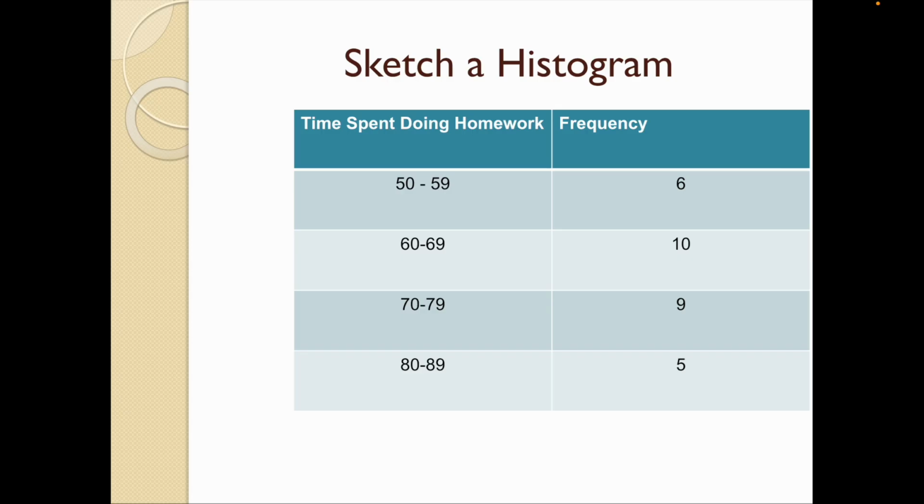Once you put in that boundary, that's the missing boundary that you need. So what's the first class interval? 50 to 59. So what is the lower boundary? 49.5. Alright. Do you have that on your paper?